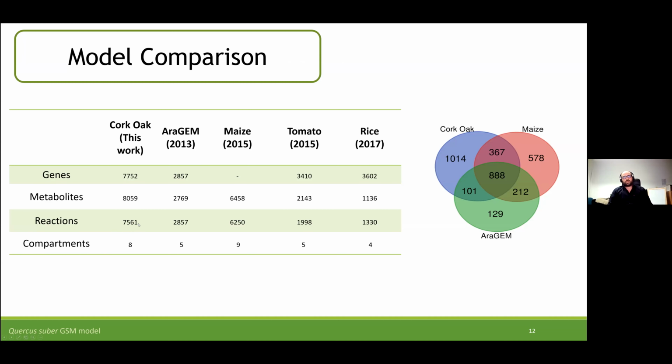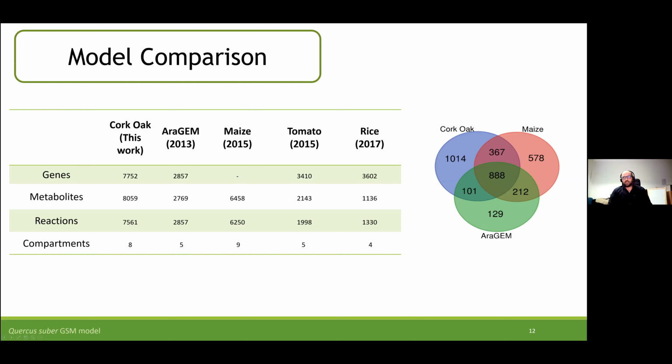That's because the same reaction and metabolites in different compartments are considered different reactions in this type of models. So to perform these comparisons, since the compartments are not the same in all models, we ignored the compartments and considered the same reaction in different compartments as one unique reaction, so that we were able to compare at least these 3 models.